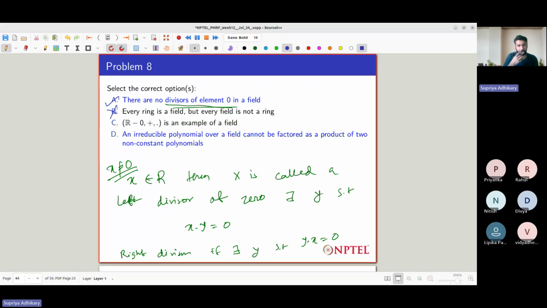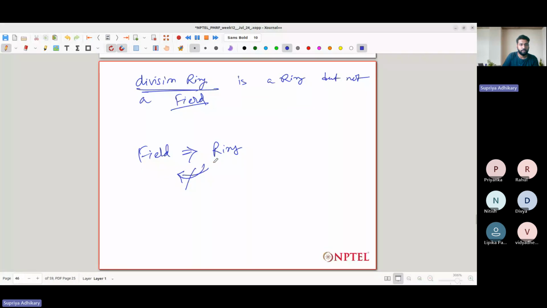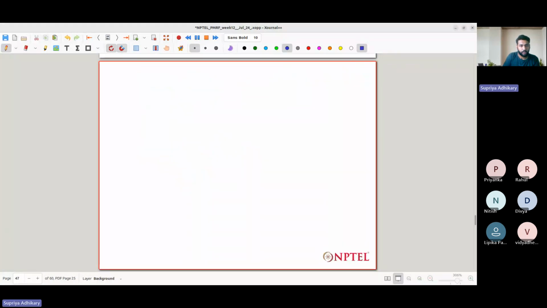Now, option C says that R minus 0 with plus and dot is an example of a field. Now, if you consider R minus 0, then R minus 0 with plus is not a group. Why?